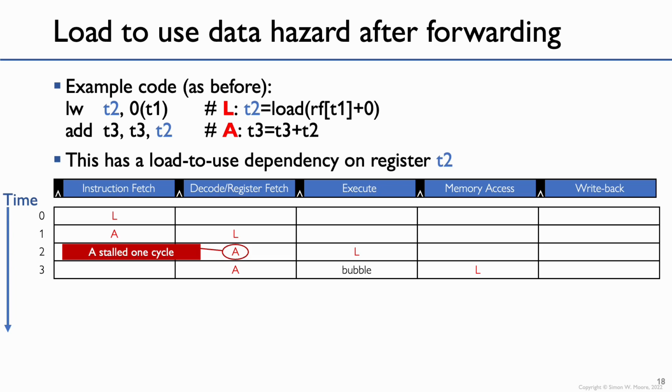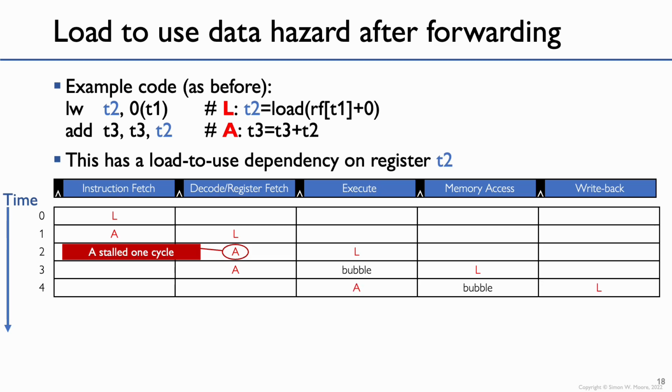So we introduce one bubble in the pipeline as the load has to hit memory access, and once we know that the load is going to hit write back, we know that we can forward the value from the load to the add instruction. So we allow add to proceed to execute.